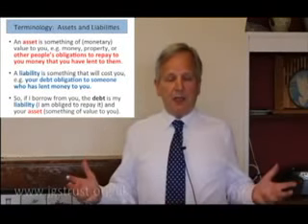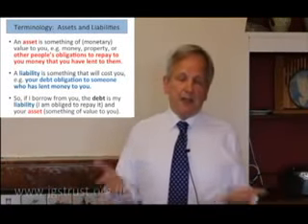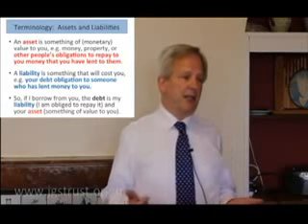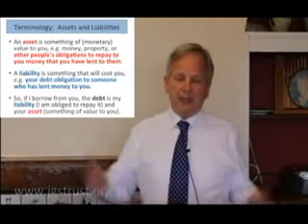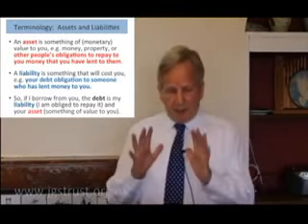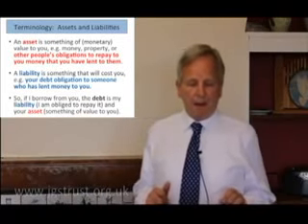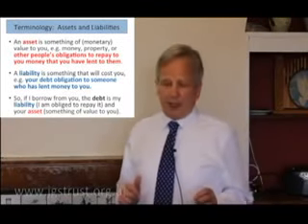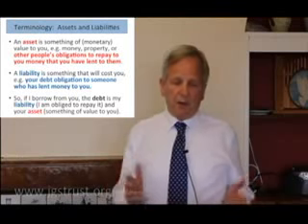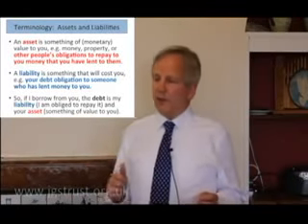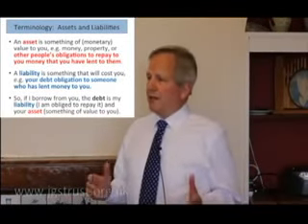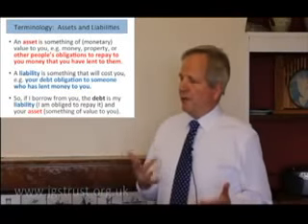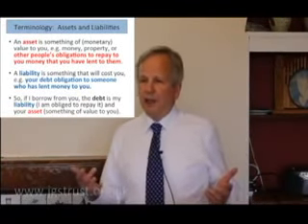So assets and liabilities. An asset, in our context, we're talking about monetary assets. Obviously your family is an asset to you, but we're narrowing down to monetary stuff of value, and can be property, but it also can be bonds or debts, other people's obligations to pay you money at some time in the future.